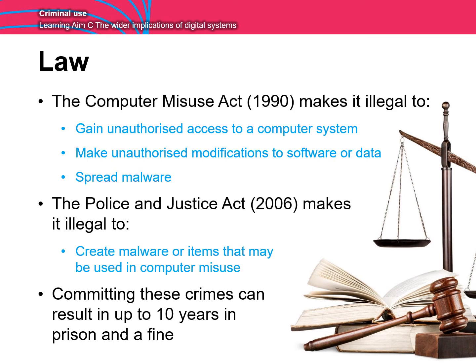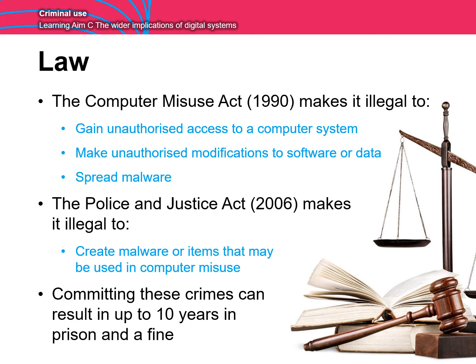And the next stage of the Computer Misuse Act is if someone has gained unauthorized access and they then decide to modify the files. So they may delete your ICT coursework, or they may try and blackmail you and say, if you give me £20, I will give you your coursework back. The third level of the Computer Misuse Act is where they deliberately try to make you unable to access the system anymore via spreading malware.